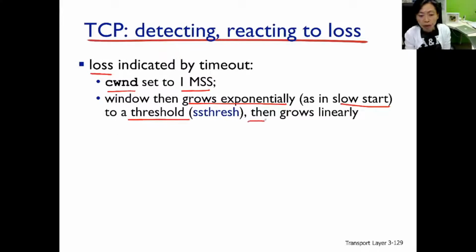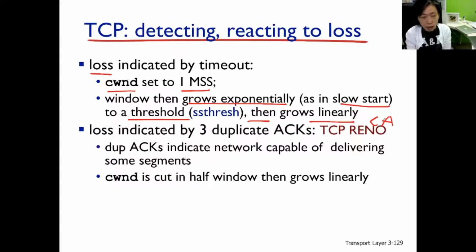After a certain threshold, we grow linearly just like in the congestion avoidance state. On the other hand, when the loss is detected by seeing 3 duplicate ACKs, the congestion window is cut to only half the current window size, not all the way down to 1, and then grows simply linearly.